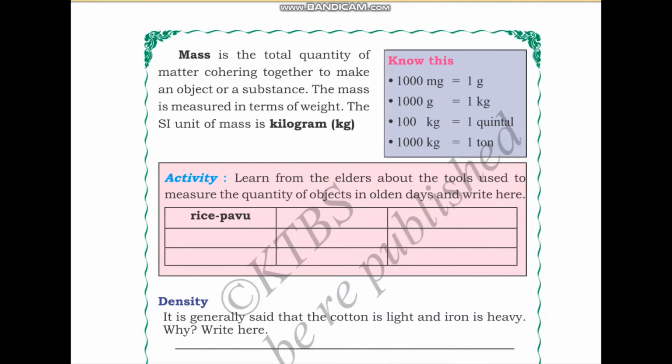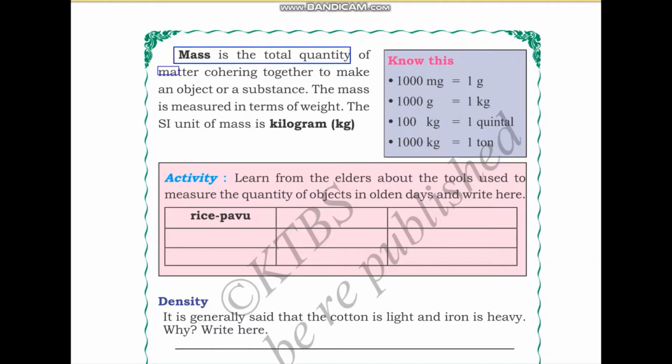Next, we will be learning the definition of mass. You have to listen to this carefully because this is a very important concept. Mass is the total quantity of matter cohering together to make an object or a substance. We will break down this definition. Mass is the total quantity of matter.